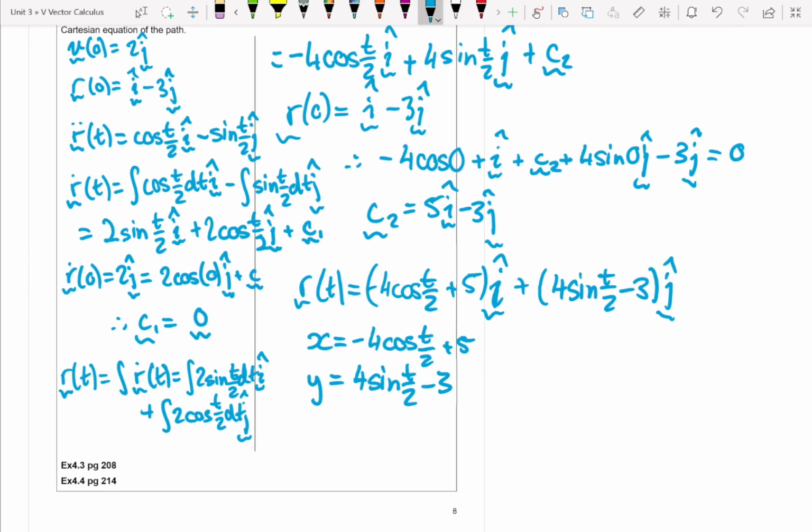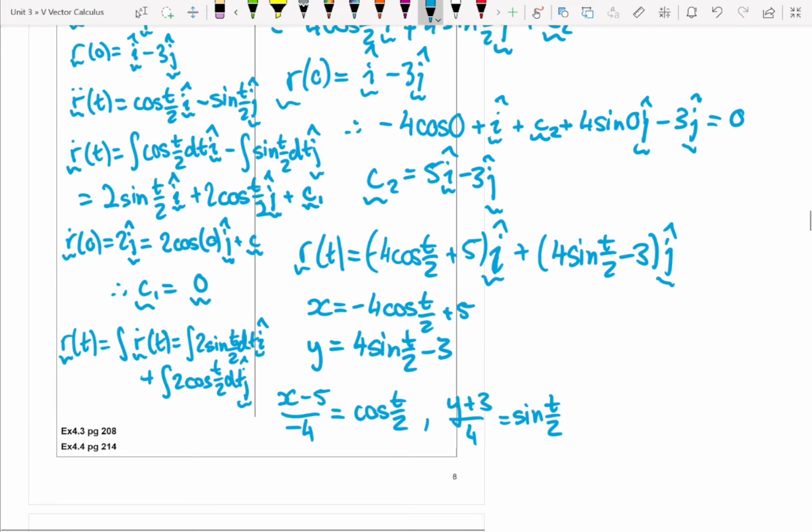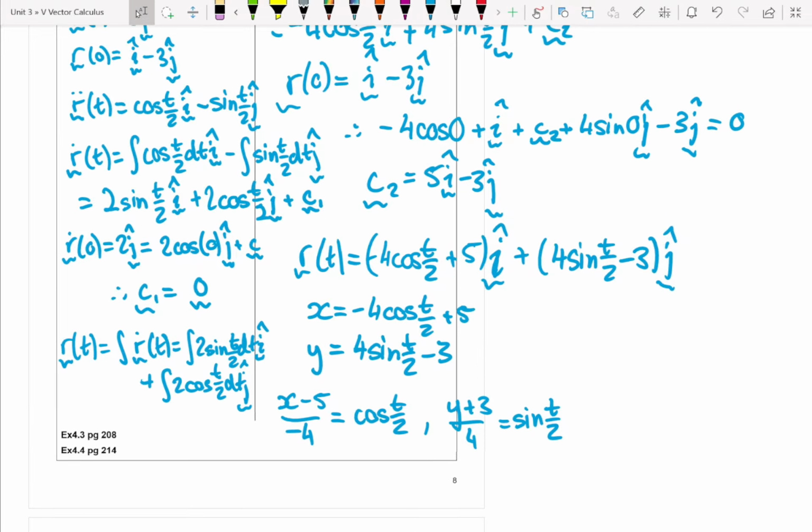Then all we want to do here is make cos of t on 2 the subject. So we get x minus 5 on negative 4 equals cos of t on 2, and y plus 3 on 4 equals sine of t on 2. Now that we've got cosine and sine, we can use the Pythagorean identity, add the squares, and that's going to equal 1.